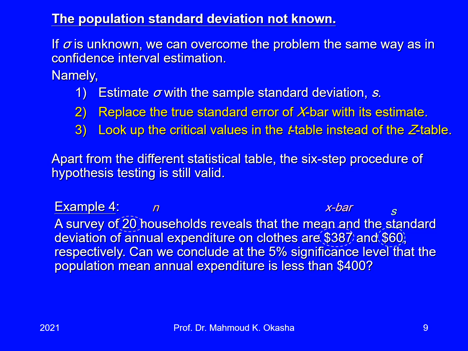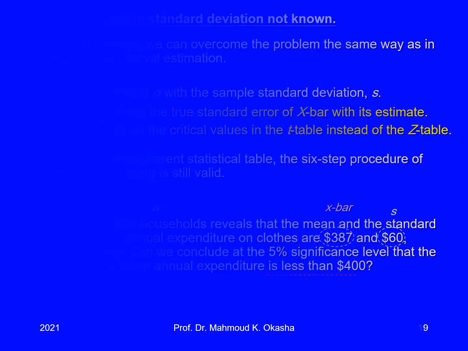Then we can follow the 6 steps. We have mu naught equals 400. Here, the null hypothesis is mu equals 400. We said that always in the H naught, the null hypothesis, the sign is equal.